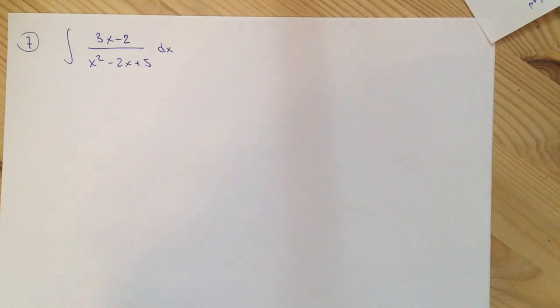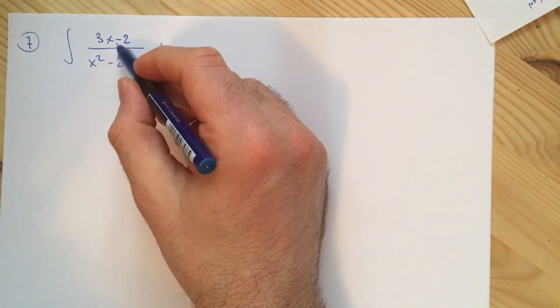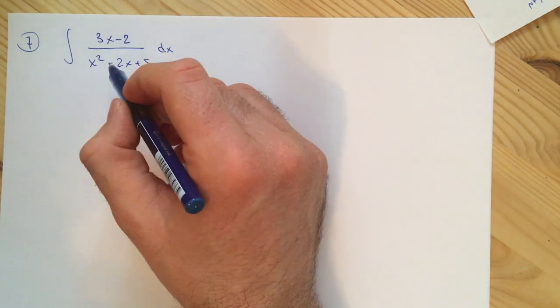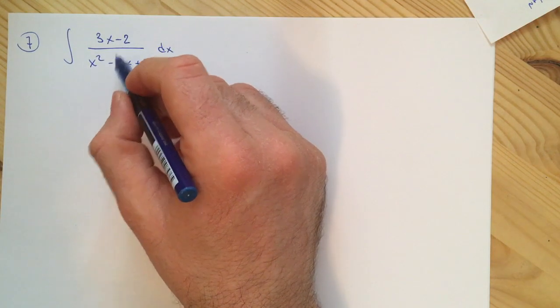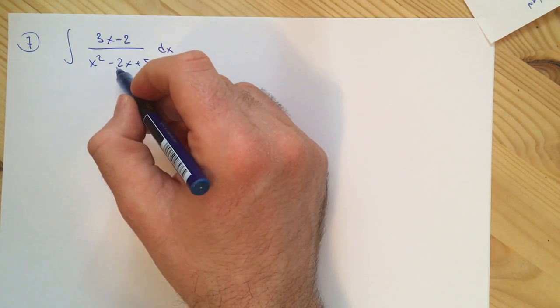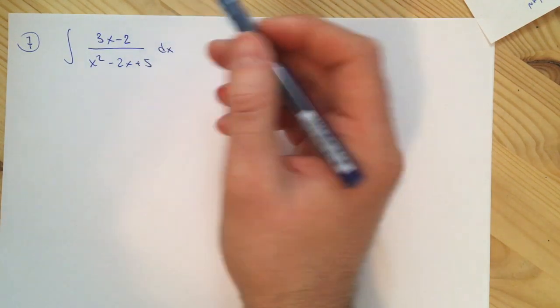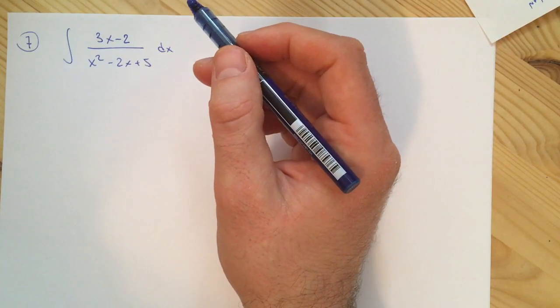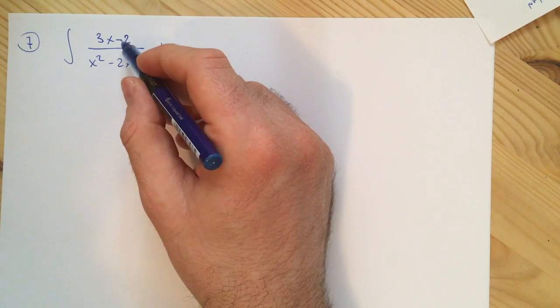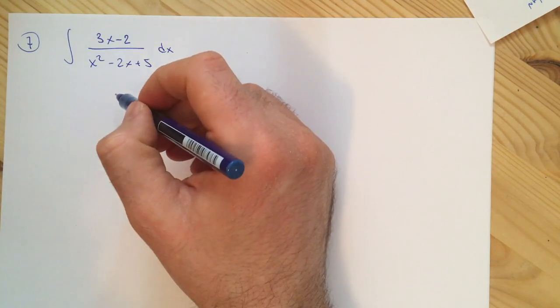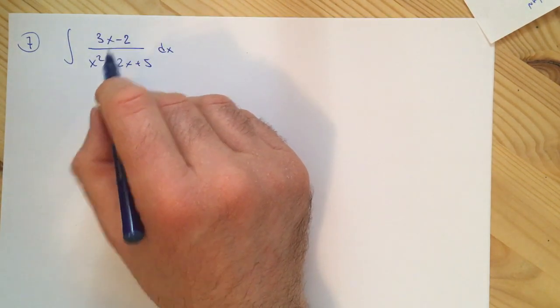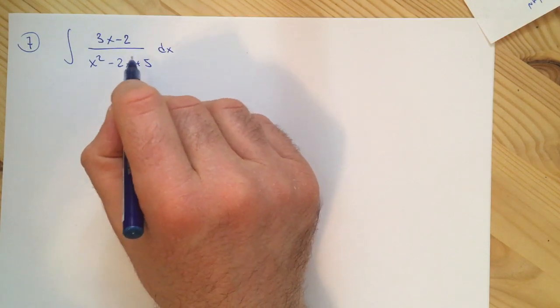Okay. So again, I have an integral of a rational function. The order of the numerator is less than the order of the denominator. So there is no need for a long division, and now you're thinking whether partial fraction is applicable.